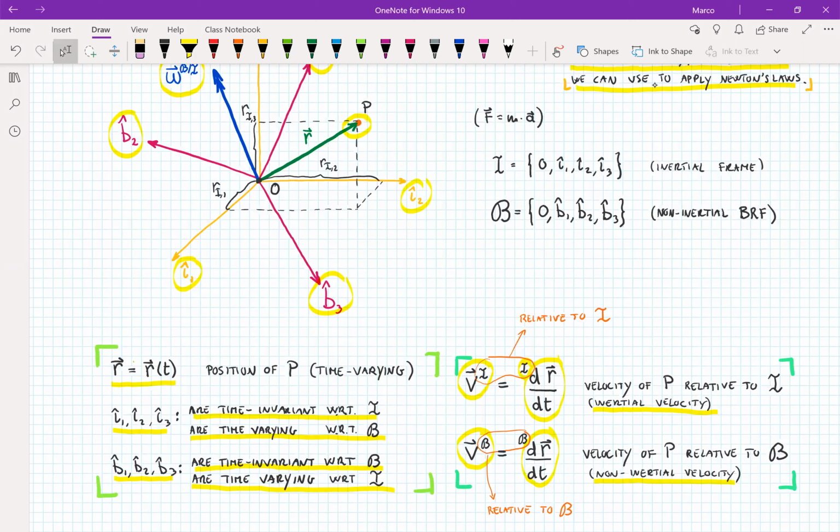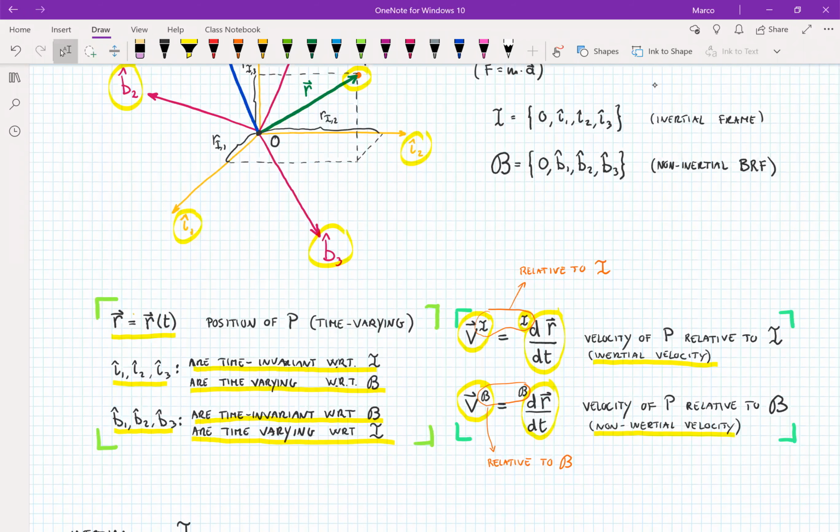It's much easier to measure velocities in general with respect to the body frame of reference. So that's why we're going through this analysis that you'll see. Otherwise, if it was easy just to get the inertial velocity, well, then we're done. We wouldn't really care. But that is not the case, unfortunately.